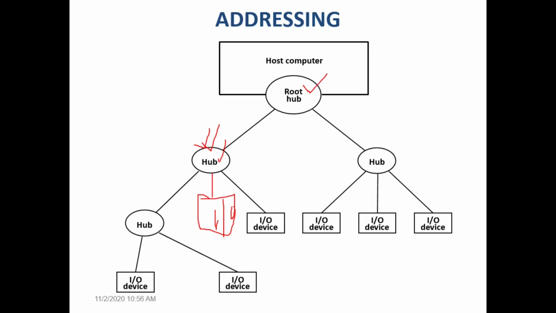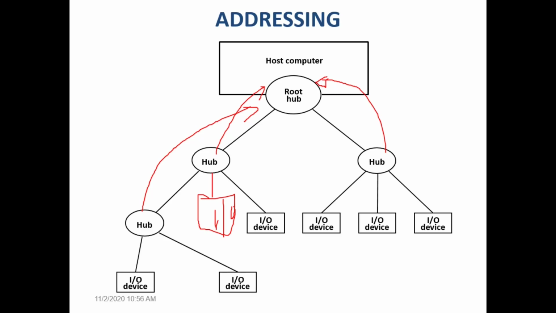That means through the host computer, after every regular interval, the root hub asks all the hubs present in the tree structure to send the details which they have recorded. Every hub sends the details recorded in its memory. So now the root hub collects all the information.